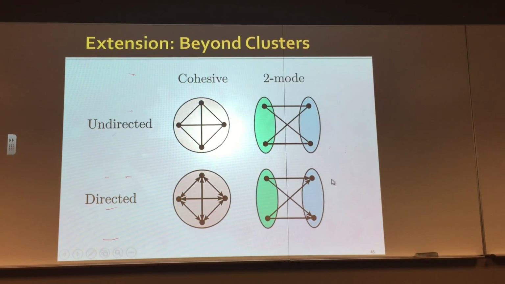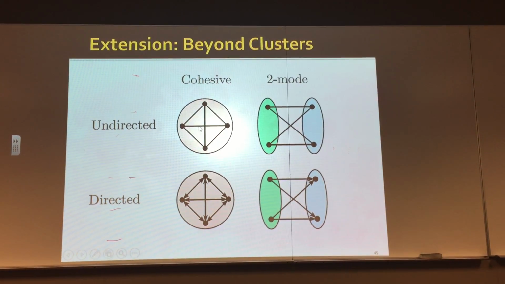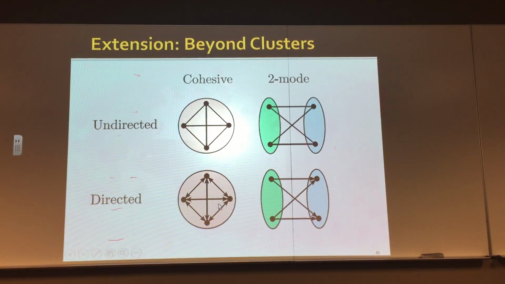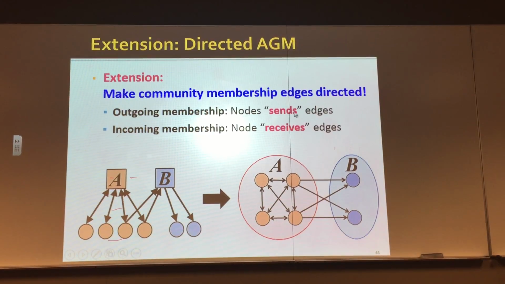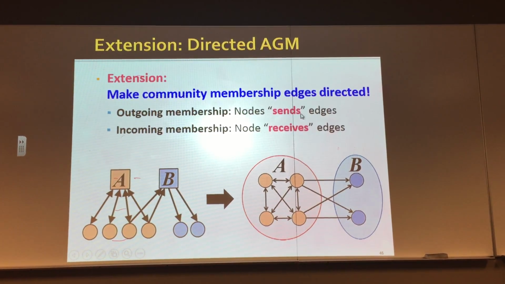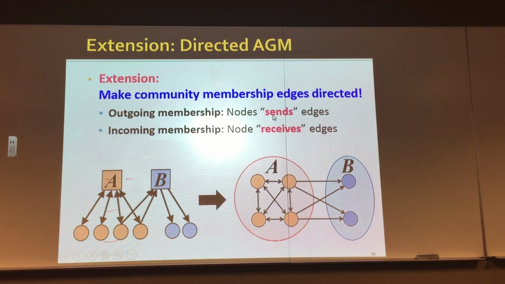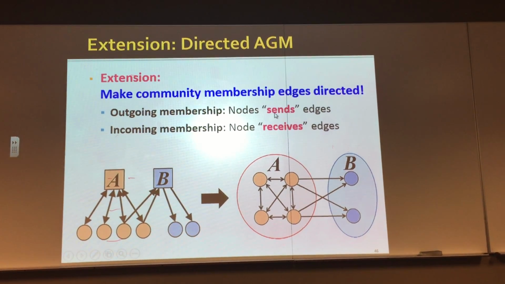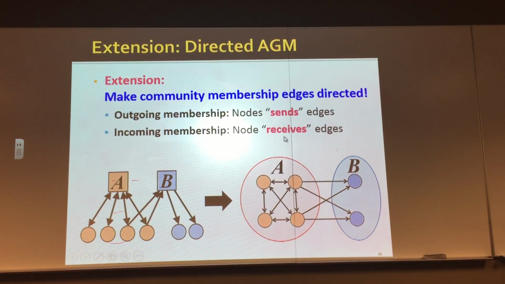So if there are no arrows, it's an undirected graph, and if it has arrows, it's directed. And so a node can send an edge or it can receive an edge. Let's say you send an invitation for someone to become our friend, or we receive a friend invitation. So in that case, we're going to have this additional information, whether we requested to be friends or somebody asked us and requested us to be their friends.